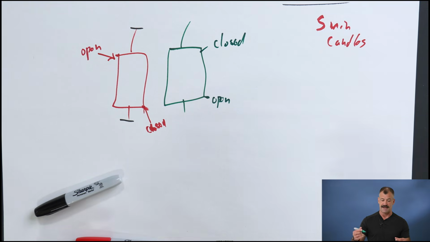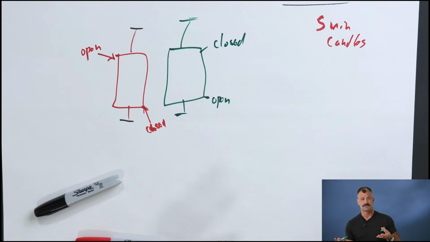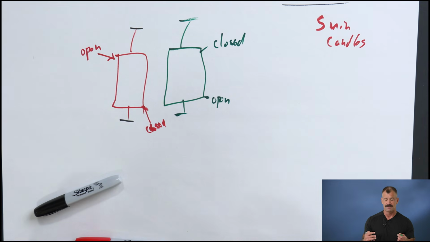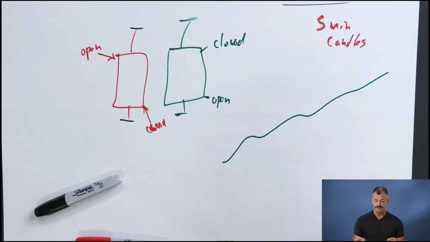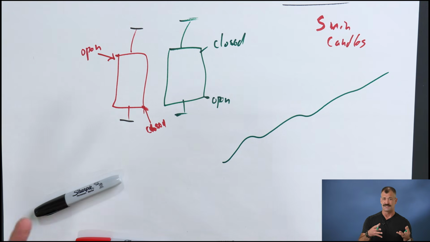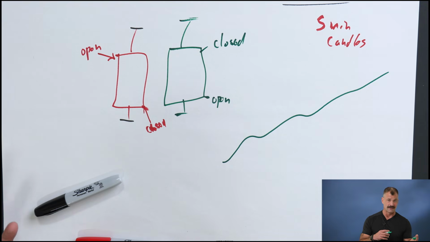That would be a green candle, and our wicks would denote the highest and lowest price within that time period. Now with line charts, all you're going to see is basically the trend of the stock. You don't know what it's doing at any particular point in time, and you don't know how high it went or how low it went.